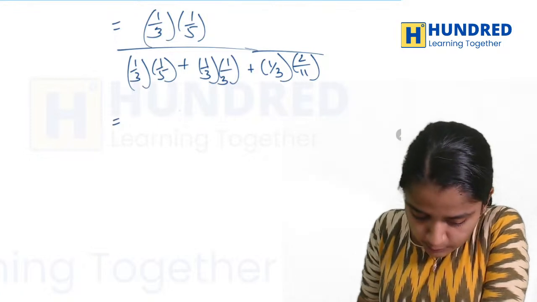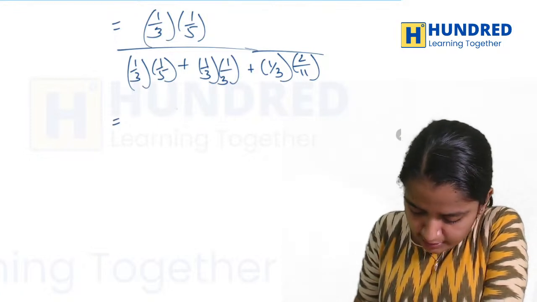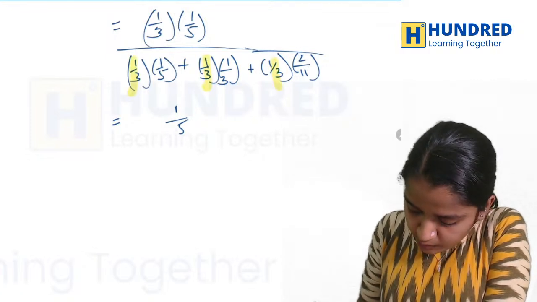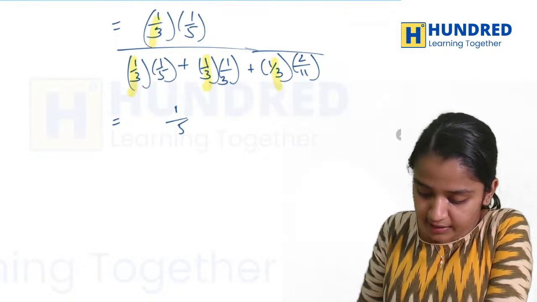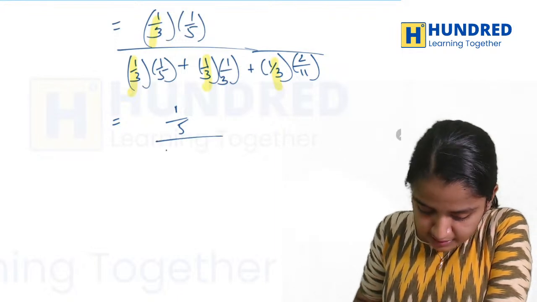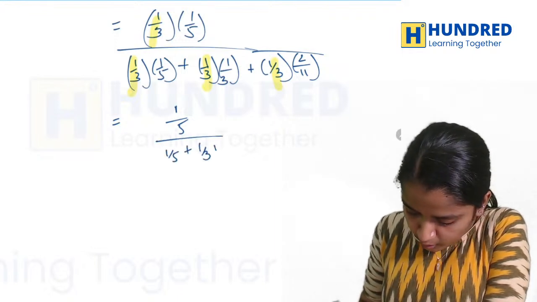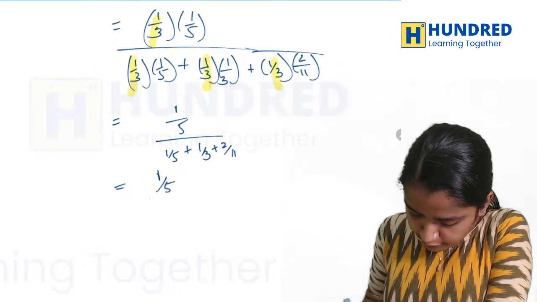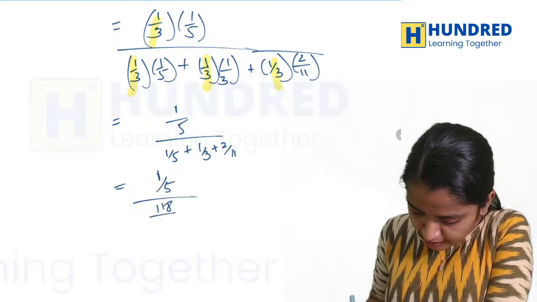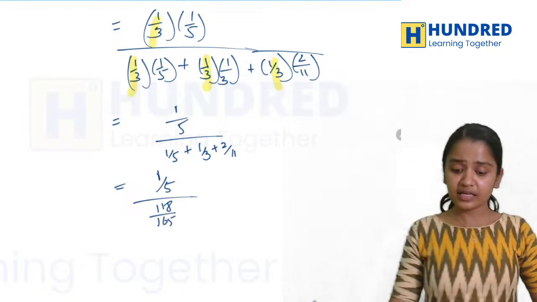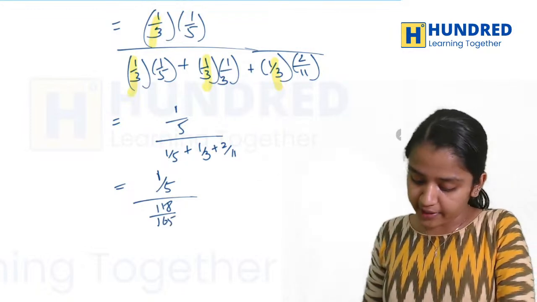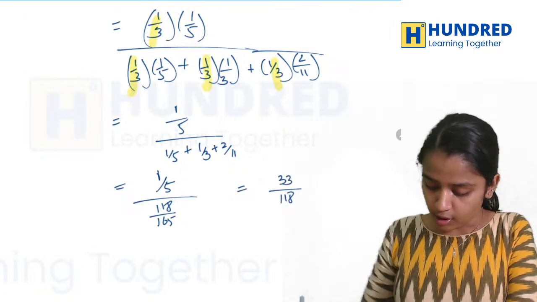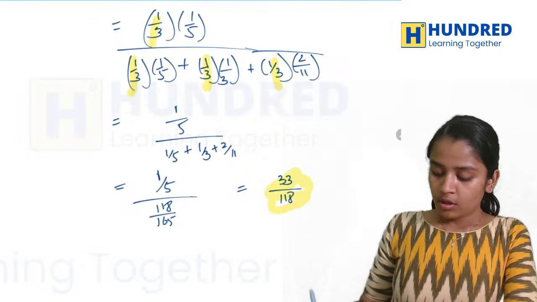Now, taking 1 by 3 common and cancelling it, we get 1 by 5 plus 1 by 3 plus 2 by 11. So basically 1 by 5 divided by 118 by 165. My required probability will be 33 by 118. So this will be my required probability.